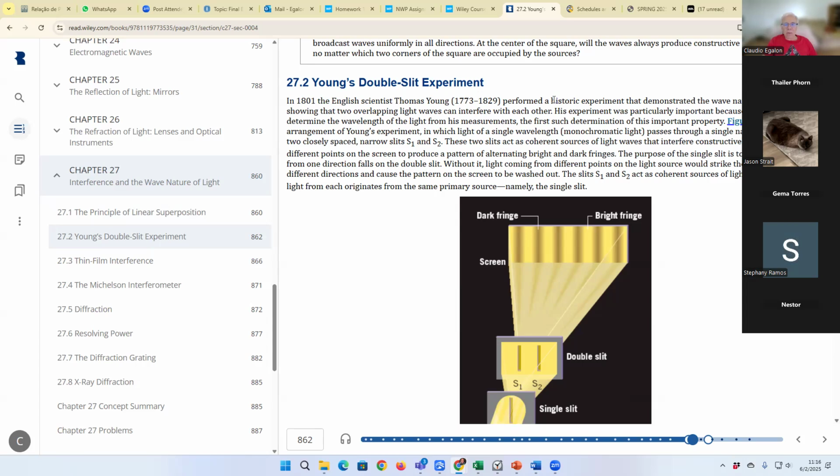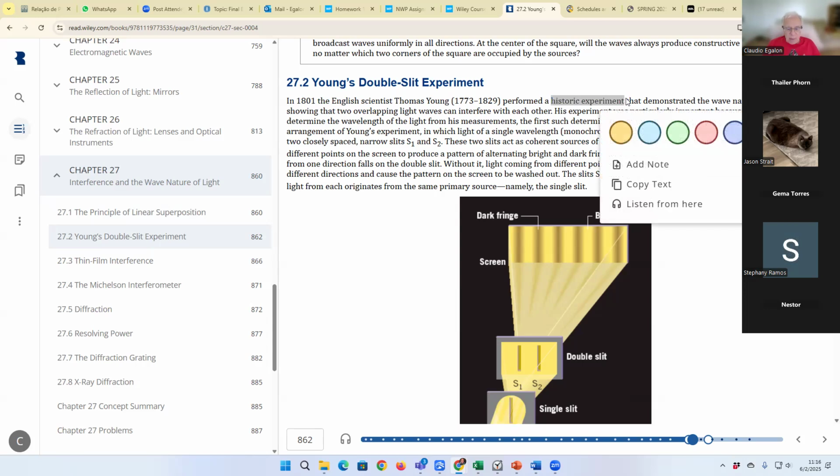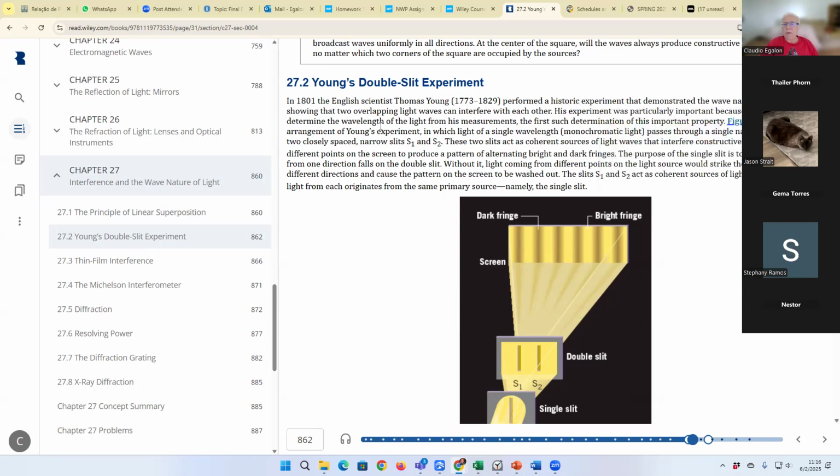And this is a historic experiment, you can see here. And nowadays, we perform this experiment all the time. Not this exact one, but the one we cover in this course. And it's a very simple treatment. It's not difficult. Mathematically, it's a very simple treatment to cover, okay?